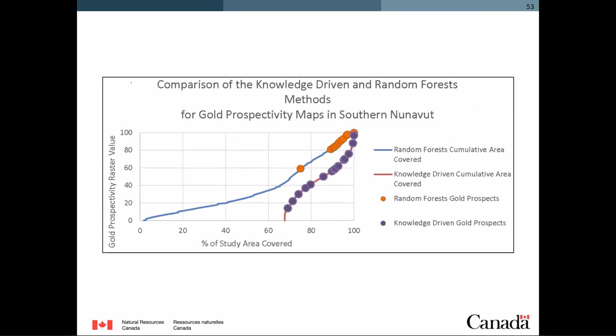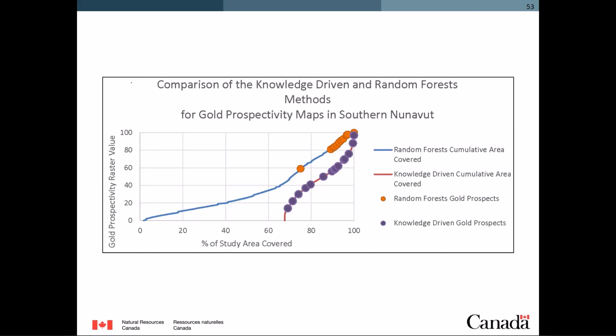Now, how do we validate this? Well, if we plot areas from 0 to 100%, where this is high potential going down to low potential, and the number of gold occurrences we predict in terms of percent, you can see in our random forest model, if we exclude this one for a minute, this is an outlier.